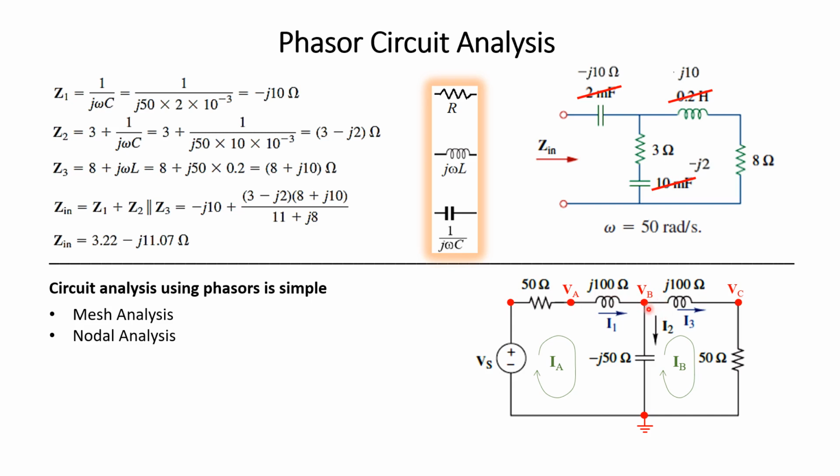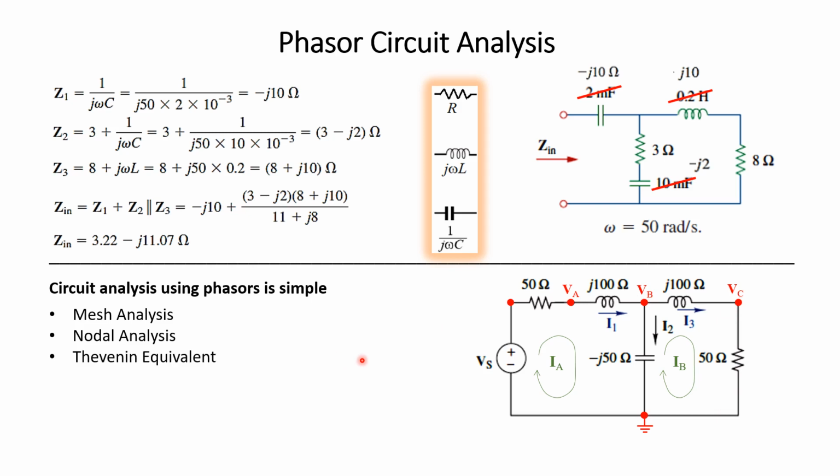We write the second equation at this node: (VB minus VA) divided by this, plus (VB minus 0) divided by minus J50, plus (VB minus VC) divided by J100. And at the end the node equation here: (VC minus VB) divided by J100, plus (VC minus 0) divided by 50. We have 3 equations, and we can solve these equations simultaneously in order to find VA, VB, VC.